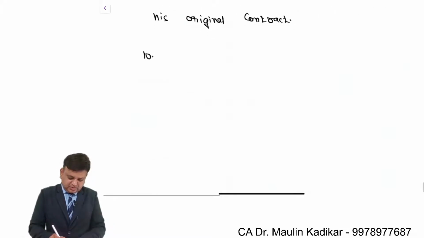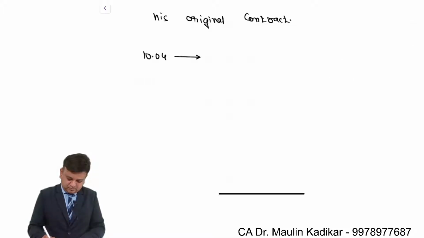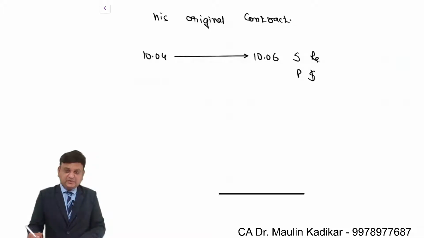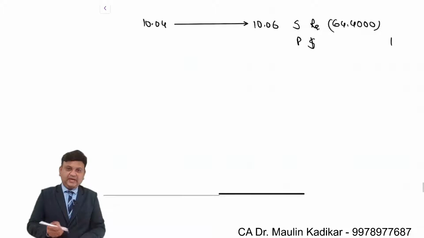So write down 10th of April to 10th of June, sell rupees, purchase dollar 64.40 rupees per dollar.